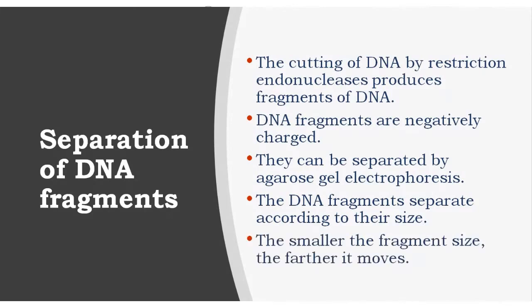DNA is separated according to this process, and the principle here is that the smaller the fragment size, the faster it moves, so the farther it goes, because the sieve, the gel, doesn't allow the DNA to move freely.